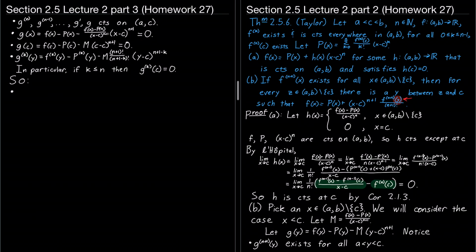So, by the mean value theorem, there is a y1, this isn't the y we're finding, this is another y, with y1 between x and c, and g prime of y1, that's g with one derivative at y1, is g of c minus g of x over c minus x, but notice both of those things are 0. All right, so then we apply the mean value theorem again.